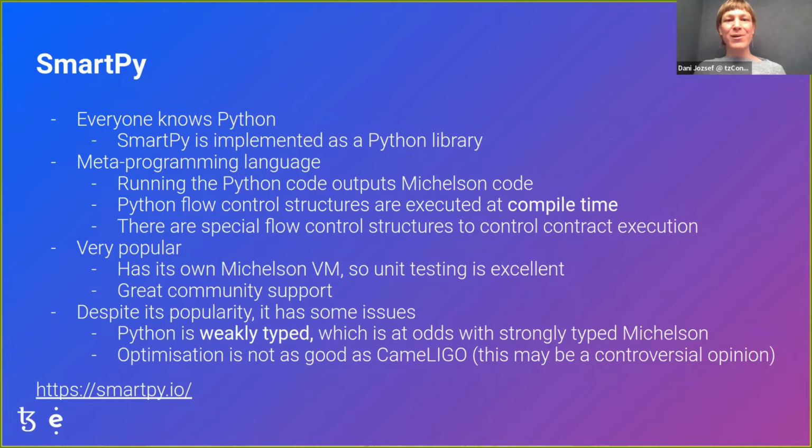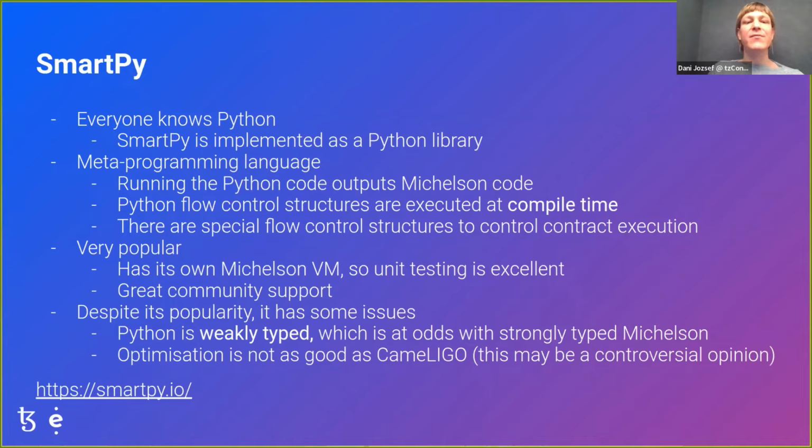The Python flow control structures are executed at compile time, and then there are special flow control structures which say what flow control I want in my Michelson, so what will happen during contract execution. This can be a little bit confusing, but there are very good tutorials, and SmartPy is relatively good at hiding this fact in simpler tasks.